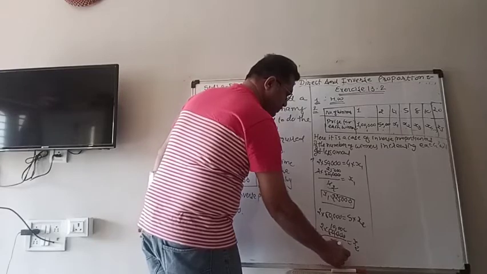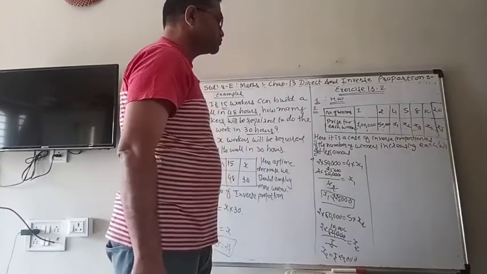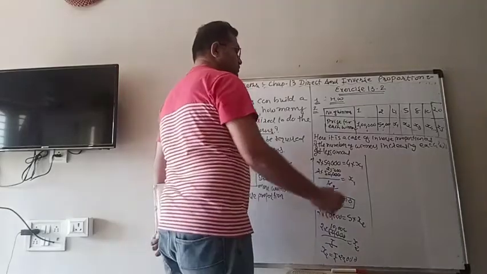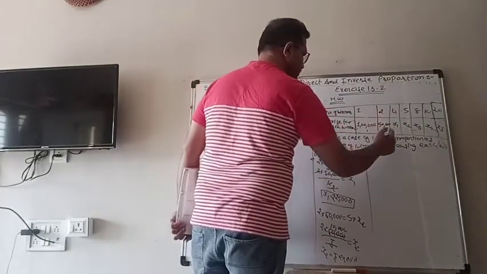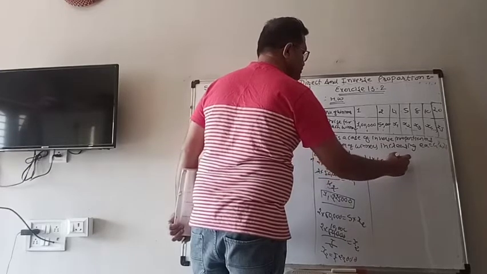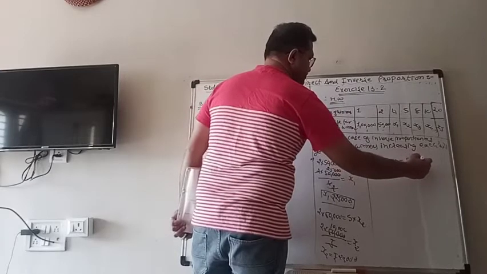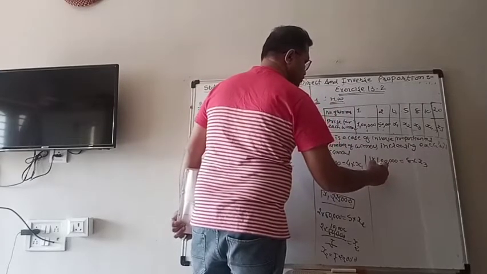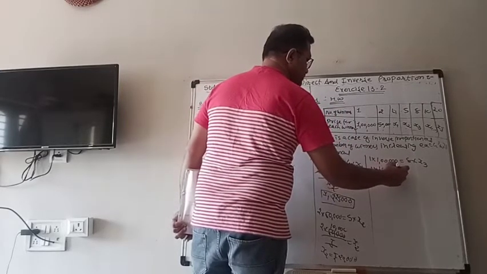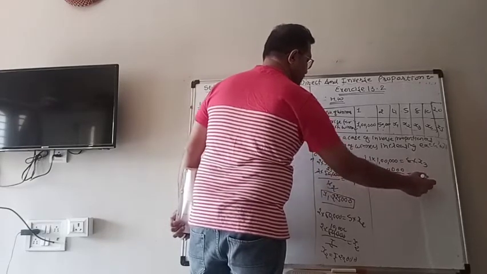So each will get a still lesser amount, 20,000. Similarly, we can take this also, not a problem. That 1 multiplied by 1 lakh is equal to 8 multiplied by x3. So 1 multiplied by 1 lakh divided by 8 is equal to x3.